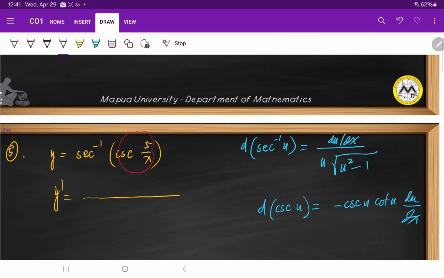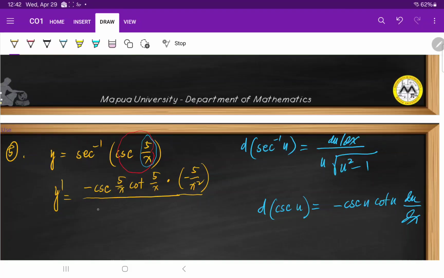So, your u here is which one? 5 over x. Dito, this is your u. So, the derivative is negative cosecant of 5 over x, cotangent of 5 over x, times the derivative of 5 over x, which is what? Negative 5 over x squared.